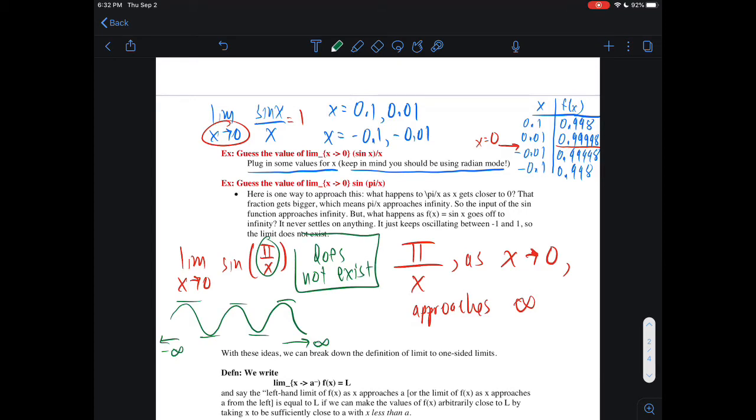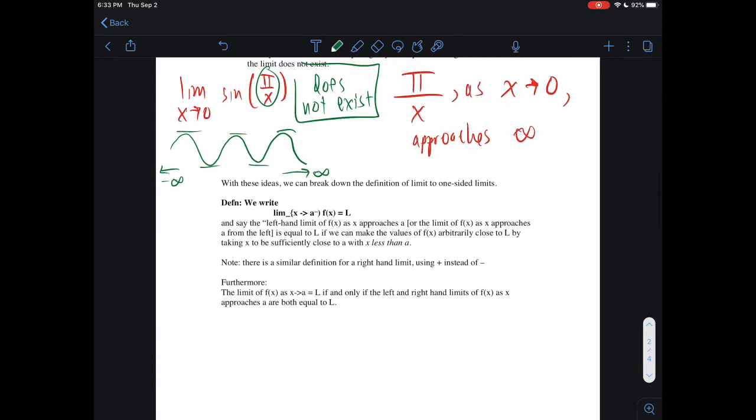So now we have a couple ideas how to see if a limit does exist by some numerical guessing or by graphing, or how to see when a limit does not exist if we actually don't reach a certain number. So with these ideas, we can break down the definition of a limit to what are called one-sided limits.